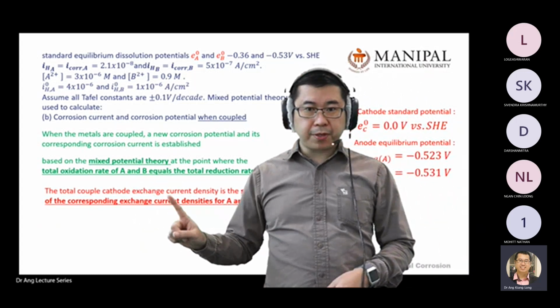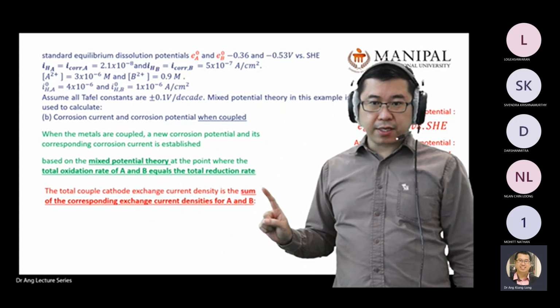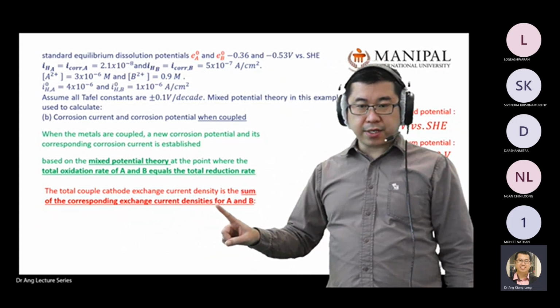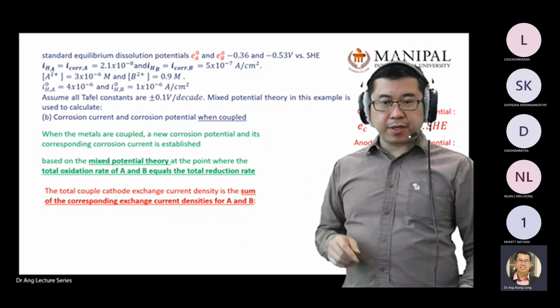So for the total coupled cathode exchange current density, we will combine the exchange current densities of A and B for the coupled scenario.